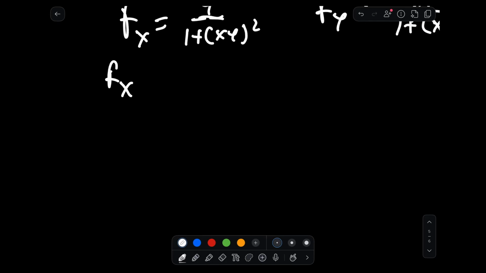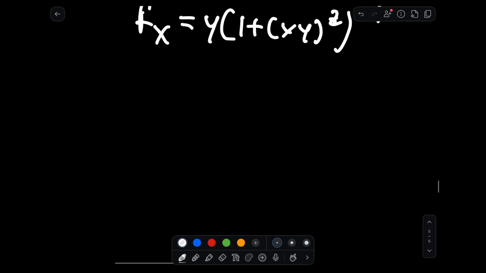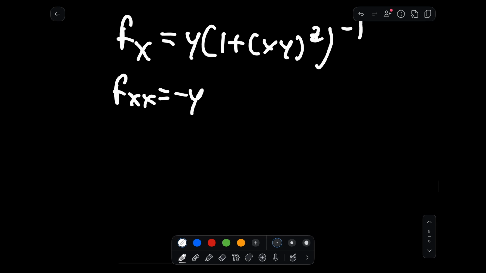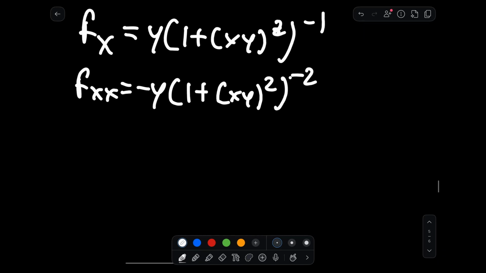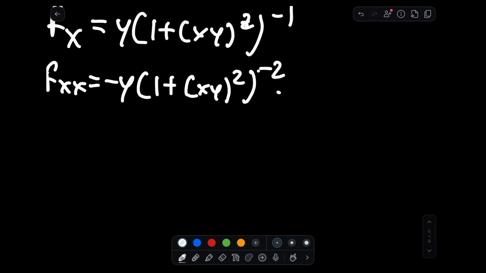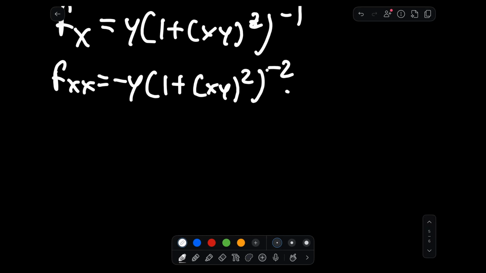And now we can get into our actual partial derivatives. And one thing I will do before I even start is I'm going to rewrite it like this. Just going to save me time to even think. Now we're going to get f sub xx equals negative y times 1 plus this whole quantity to the negative 2 times the derivative of the inside, which is going to be 2xy squared.